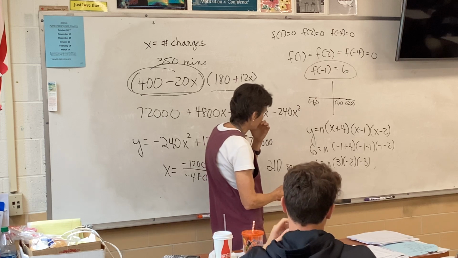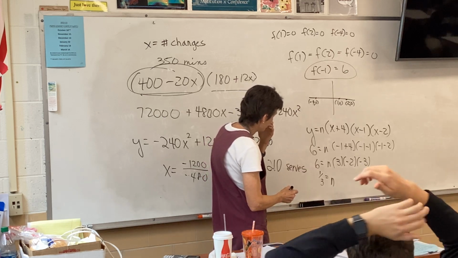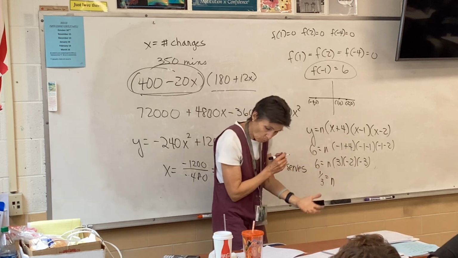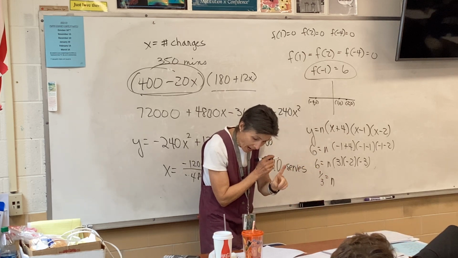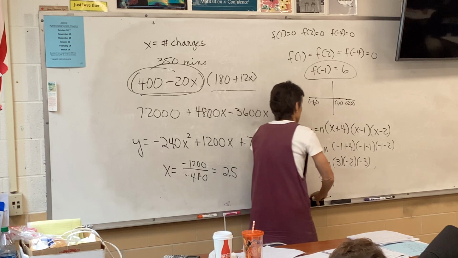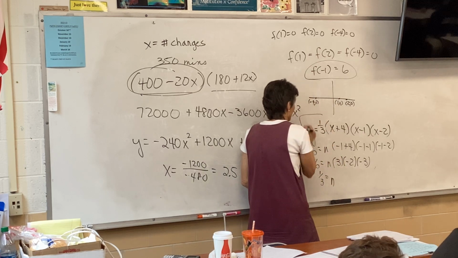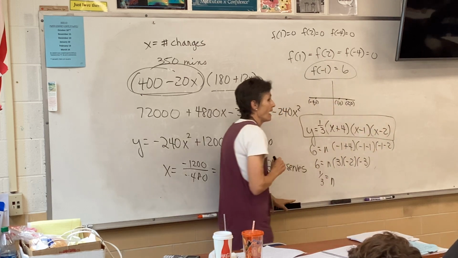Keep an eye on that arithmetic. I got 1/3. That's fine. That's what you got? So it says write the equation, do not multiply it out. So the equation is just going to look like that.